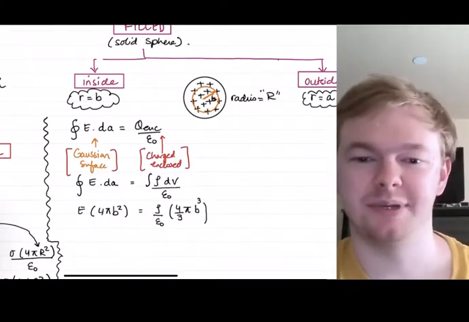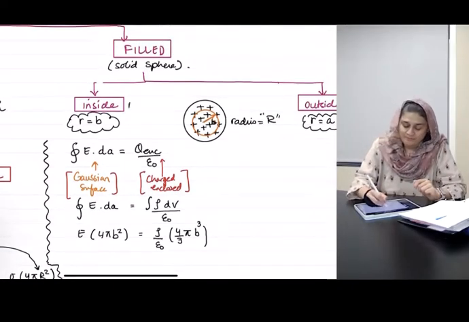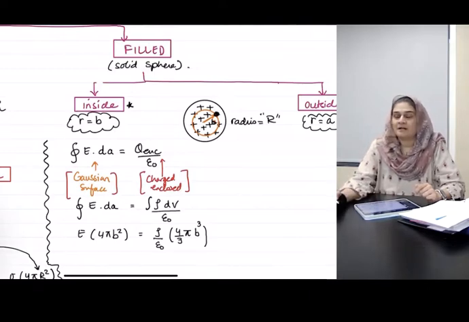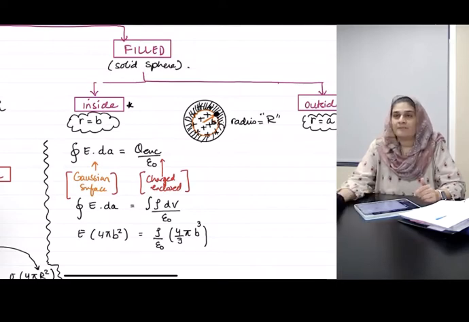Why is it not big R on the right side? Excellent question. Where are we? We are inside at point B. If we put the big R there, it includes all of this charge. Is that charge enclosed in my Gaussian surface?